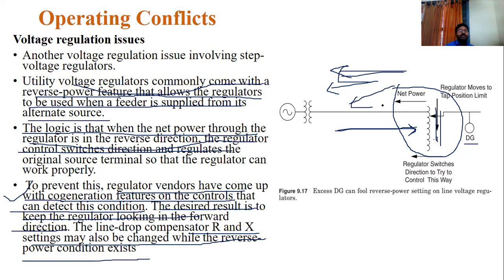The regulation is in this direction. So that's why, to remove this reversal of power and other things, we come up with a solution called the line drop compensator R and X setting, which may be changed while the reversal power condition exists. So these settings we have changed.